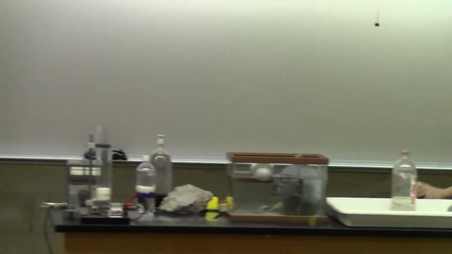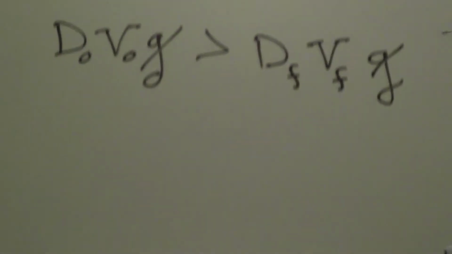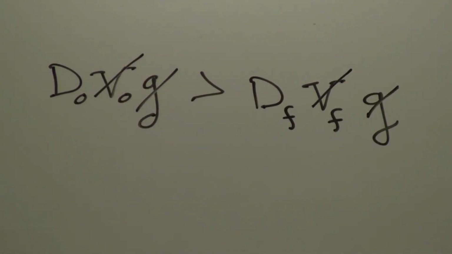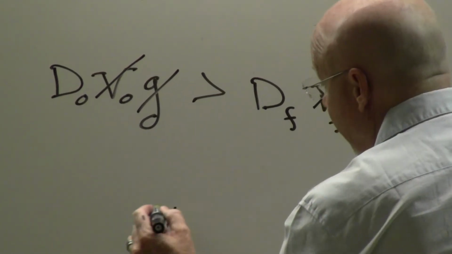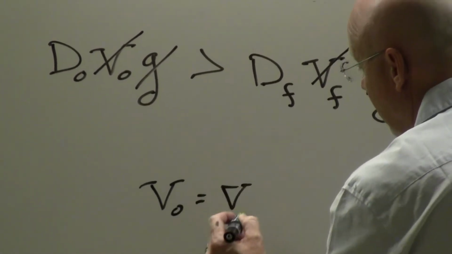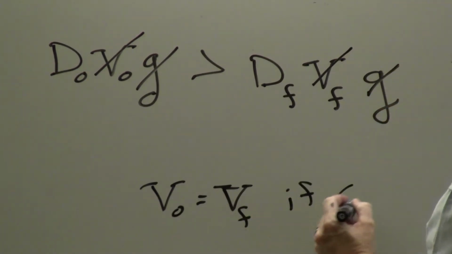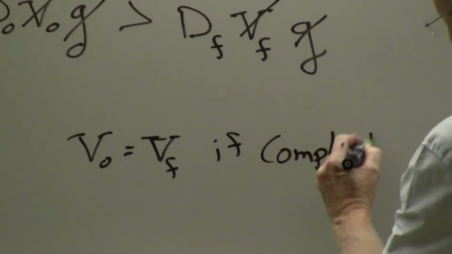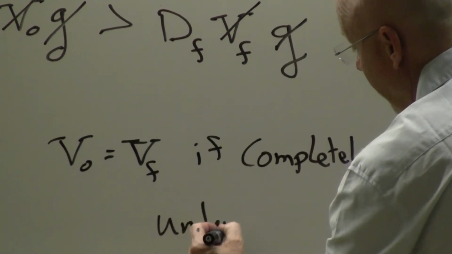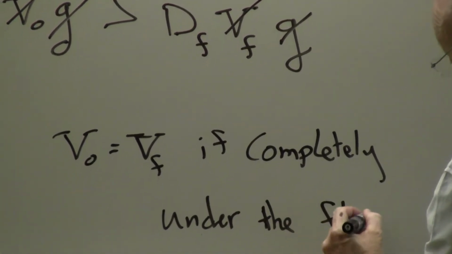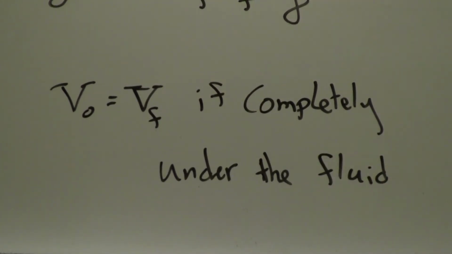So if I take that over here to this discussion, then I will cross those out. And maybe I should say volume of object equals volume of displaced fluid if completely under, and I was going to say water, but maybe I should say fluid, just to keep reminding you that it's the same physics if I was in some other fluid like petroleum or isopropyl alcohol or even the air.